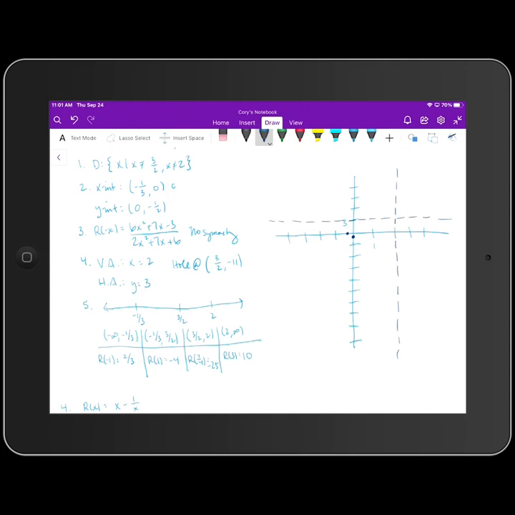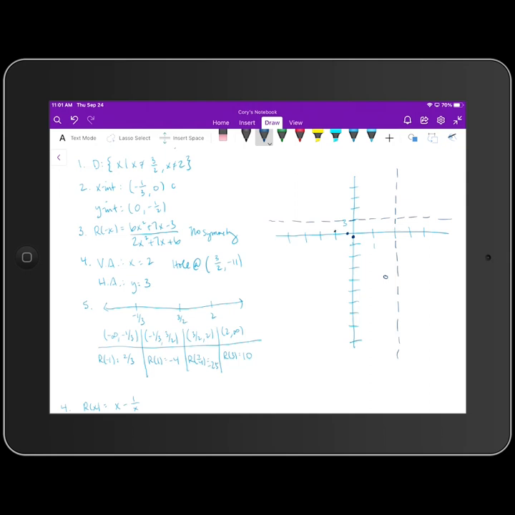Then we have a hole at the ordered pair 3/2, negative 11. So we're going to go to 1.5, negative 11, which is going to be down in here. So we're going to have a hole at that point. And then I'm going to take the values from my table and plot those as well. Okay, so we have the ordered pair negative 1, 2/3, which is going to be about in here.